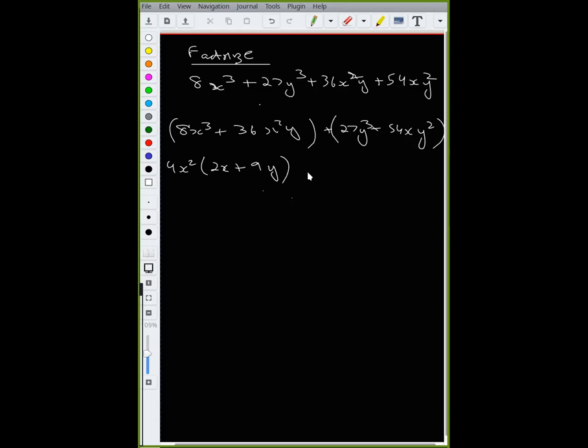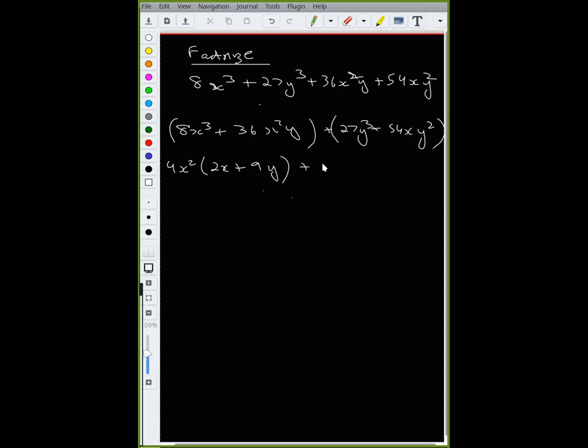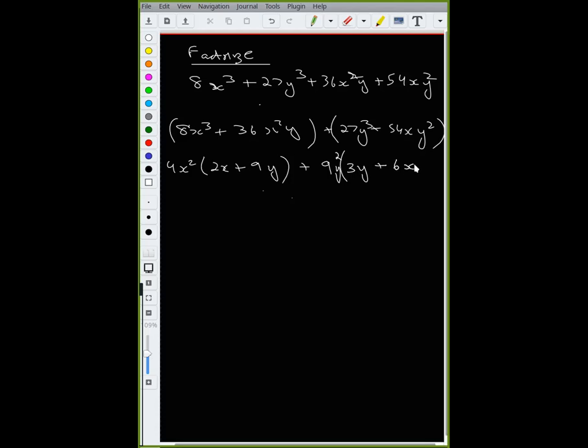Yes. And then we can take 3. What did we get here common as? 9. 3y squared. 9 will be common, right? 9 3s are 27. So 9y squared. So we'll get 3y plus 6x.